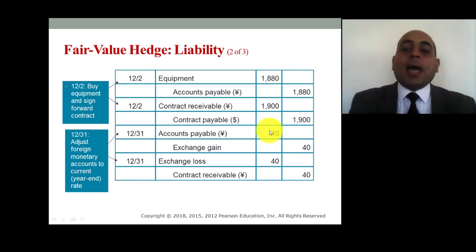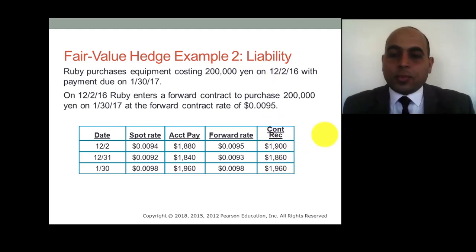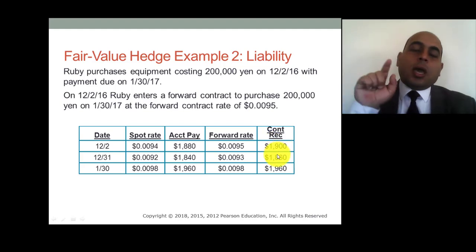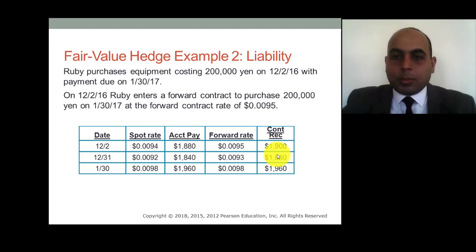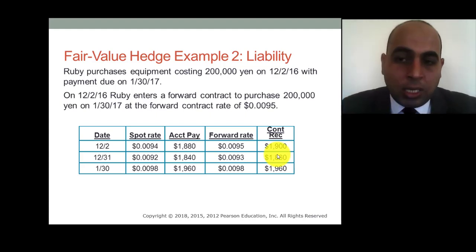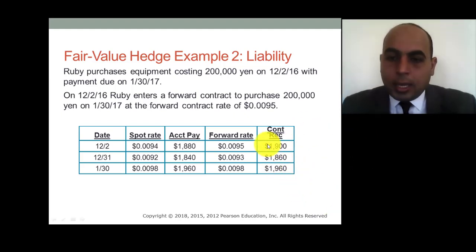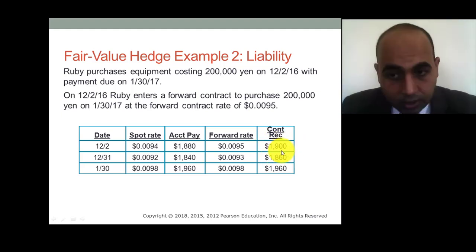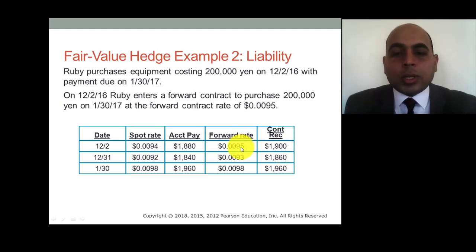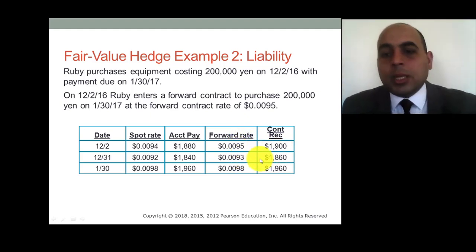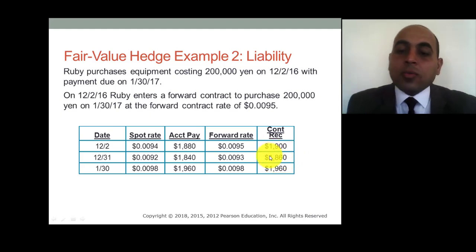On the other hand, as the amount that I will receive has declined from 1,900 to 1,860, also here we have a loss of 40, because the amount that I will pay is fixed. But the amount that I will receive is 200,000 yen. I recorded it as receivable by 1,900. But the value of this receivable has declined because of the declining forward rate from 95 to 93, so we have a loss.